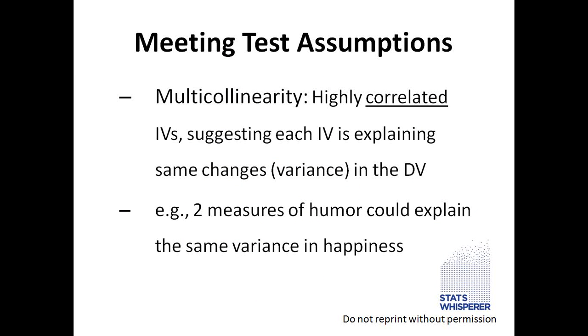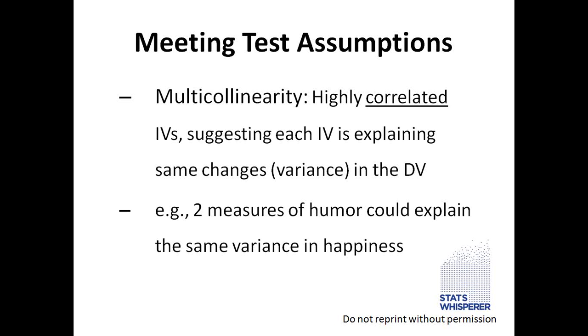Now, multicollinearity, right? So not only are they hard to do for some people, but as you can guess, they're hard to say for a lot of people too. So multicollinearity generally refers to the independent variables, usually the continuous variables, being correlated at the level where it seems that each is explaining the same variance in the dependent variable.